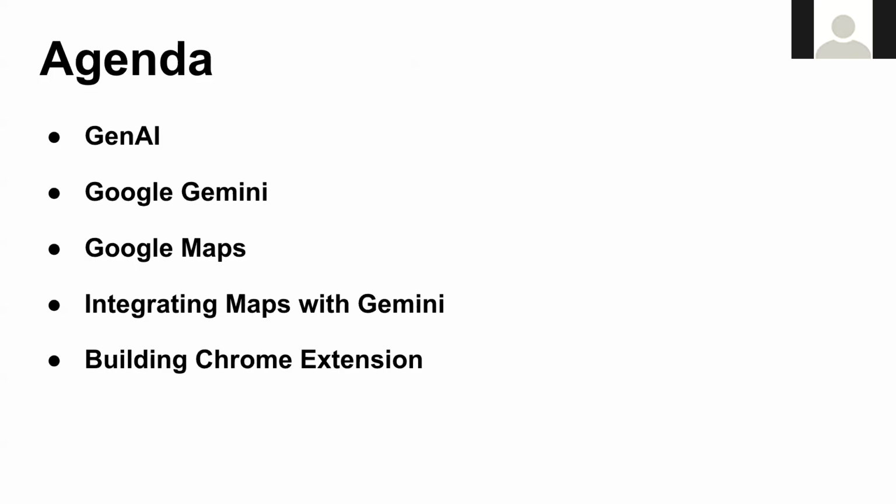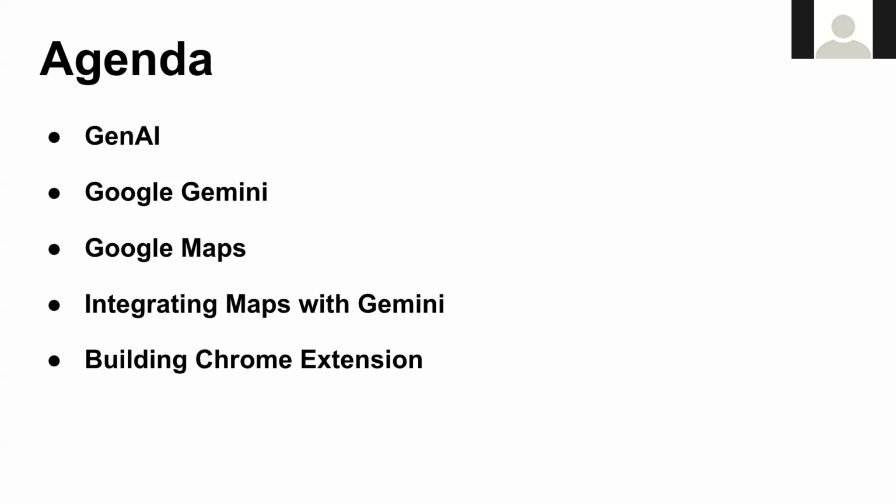The core of our presentation will be focused on integrating maps with Gemini to create more intelligent location descriptions, basically making Google Maps more smarter. Finally, we will discuss how a similar application can be built as a Chrome extension with a little bit different flavor, but with the same goal.